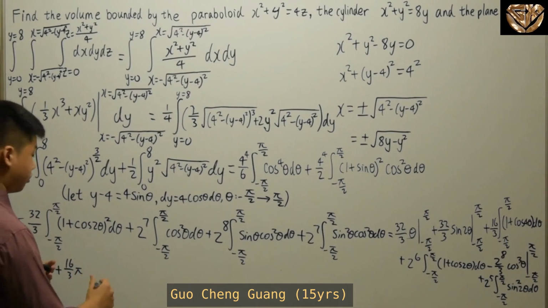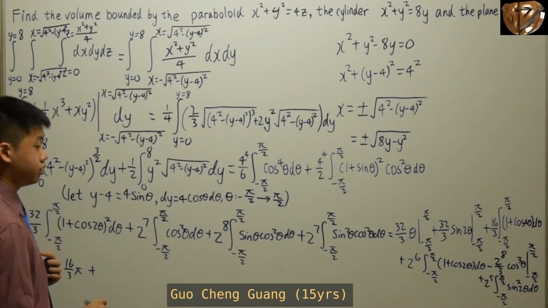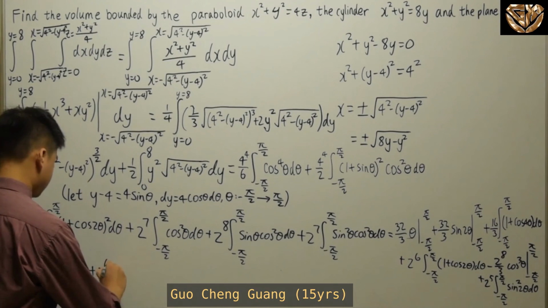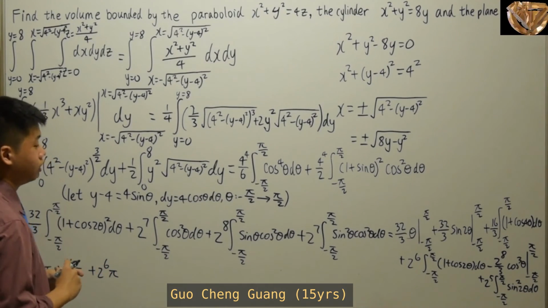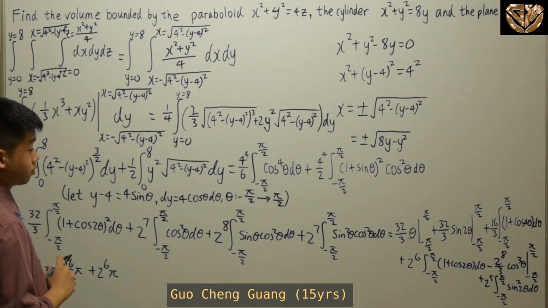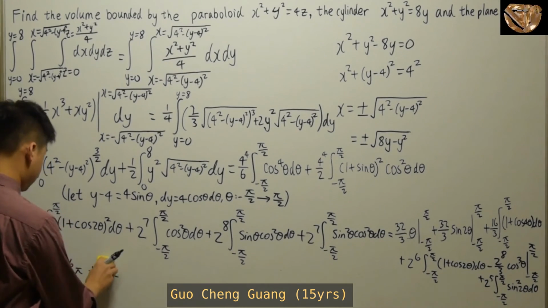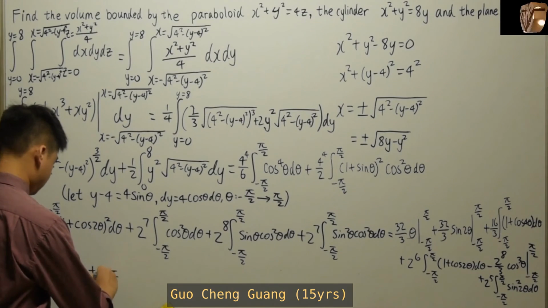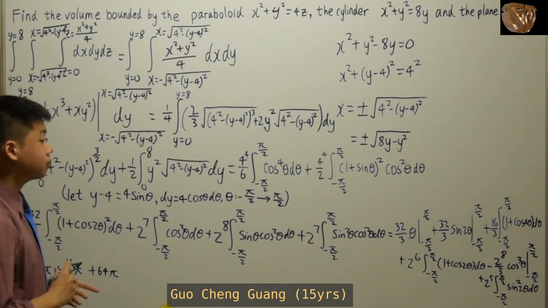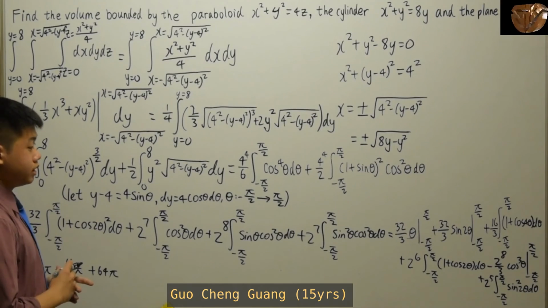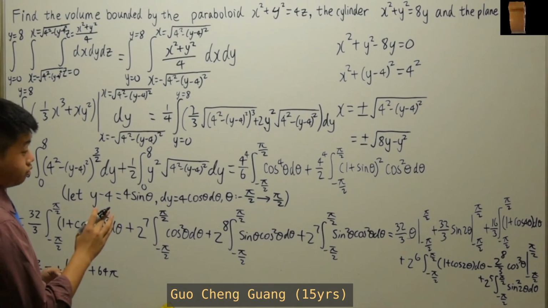Now on with the fourth term, which you are going to see 2 to the power of 6 pi. Or if you already know what 2 to the power of 6 is, you could just leave it in its value, which is 64 pi. So once again, you'll see a cosine 2 theta.